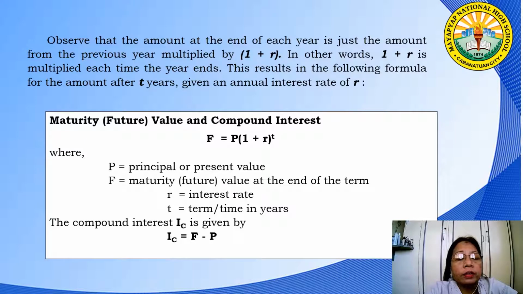And the compound interest, I sub C, is given by I sub C equals F minus P.